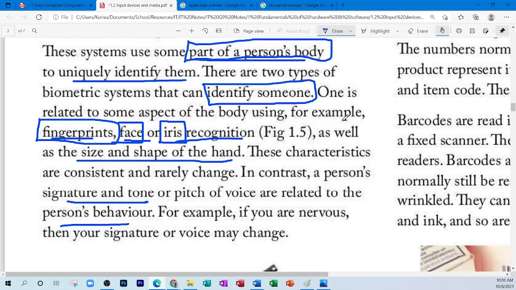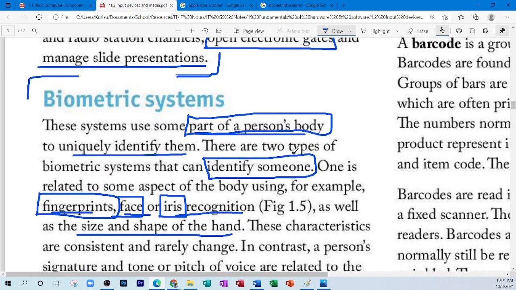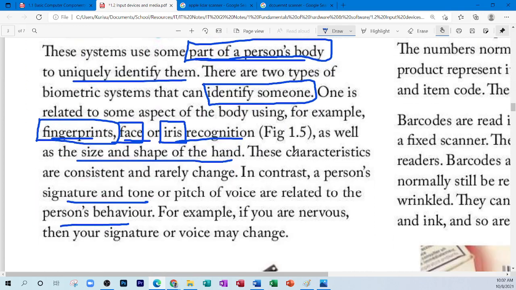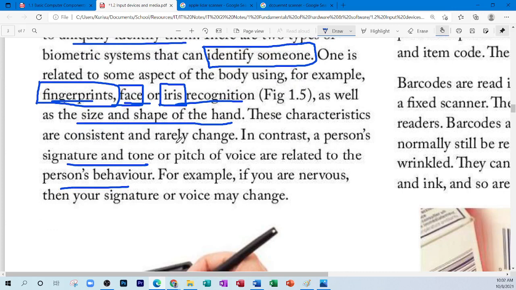So biometric systems, you have to physically be there to transfer your data. Once again, manual input device. Now, why are they better than a person's signature, a person's tone, or a person's voice? Well, because those depend on your behavior. If you are nervous, you're going to speak a certain way. If you're nervous, you're going to write a certain way.